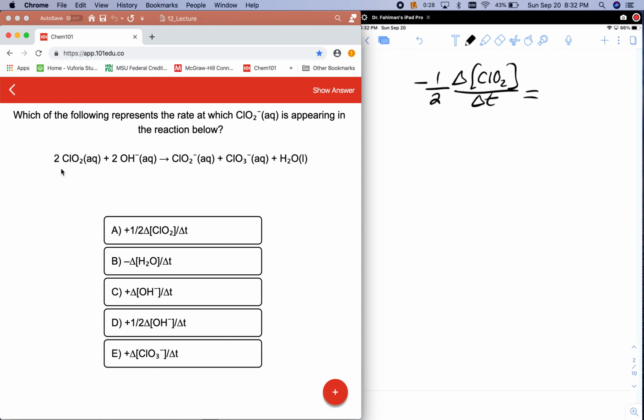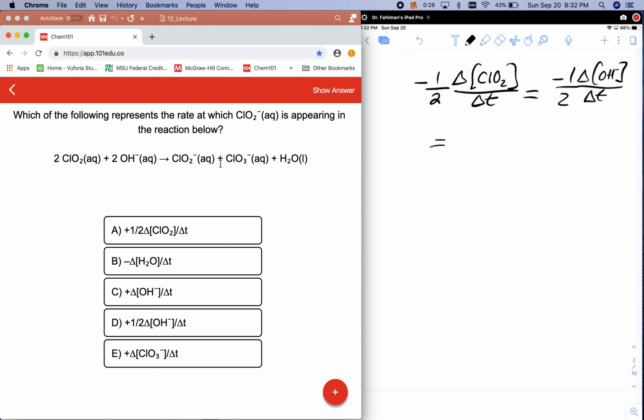Okay, and that is equal to minus 1/2 the change in concentration of OH minus with respect to time. Okay, so that's how you would do these reactants, sorry.